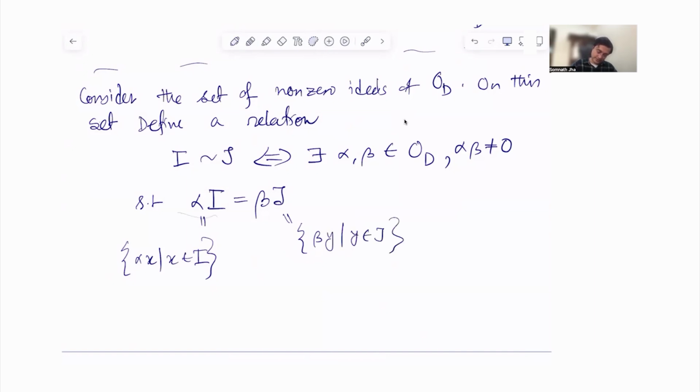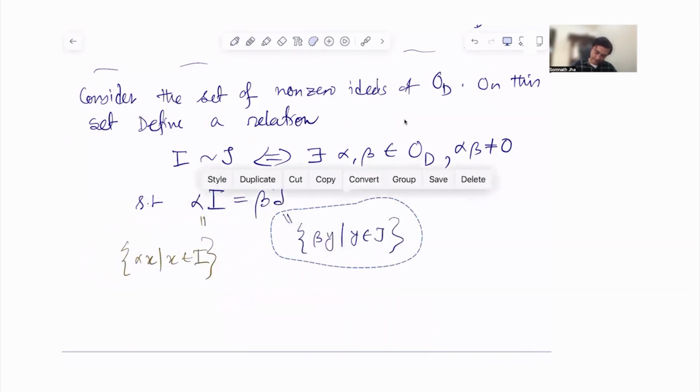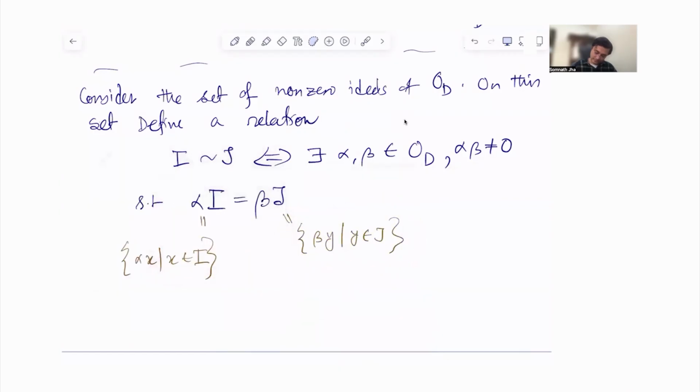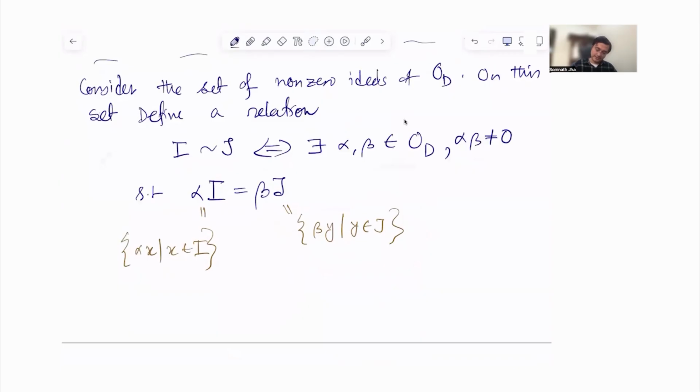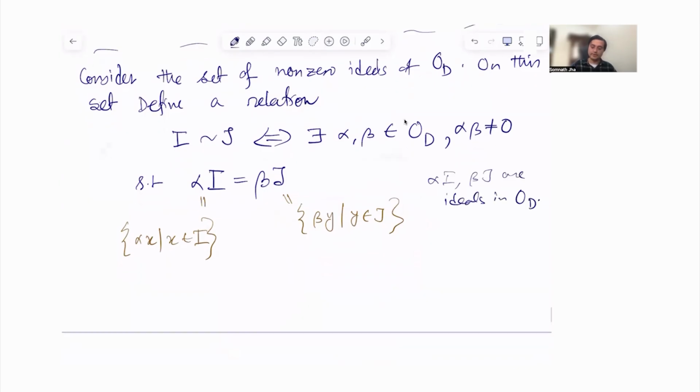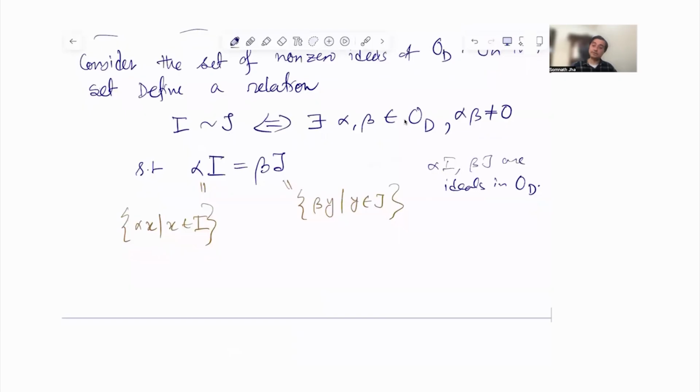So you can easily check that these are again ideals. So alpha I, beta J are ideals in O_D, right?